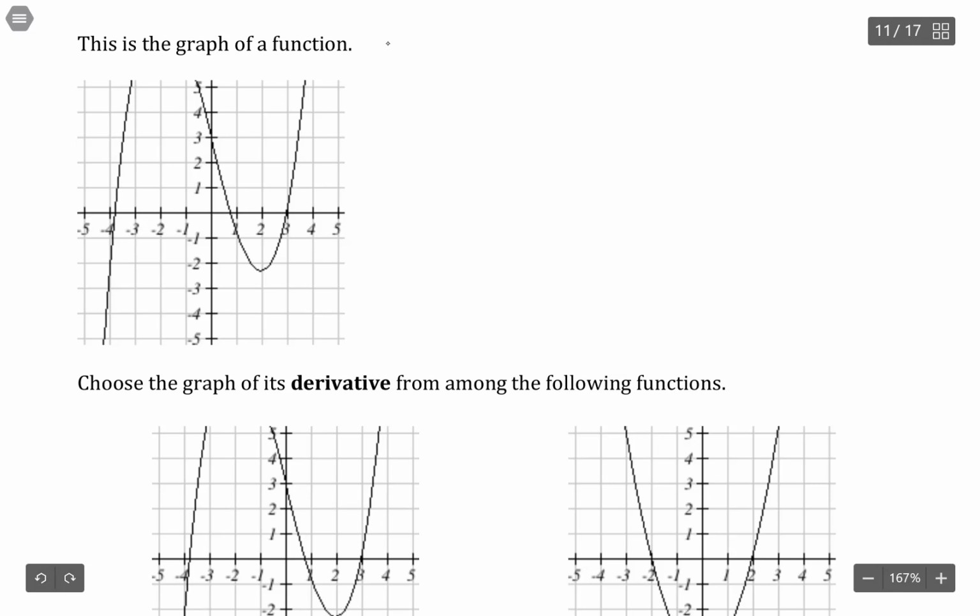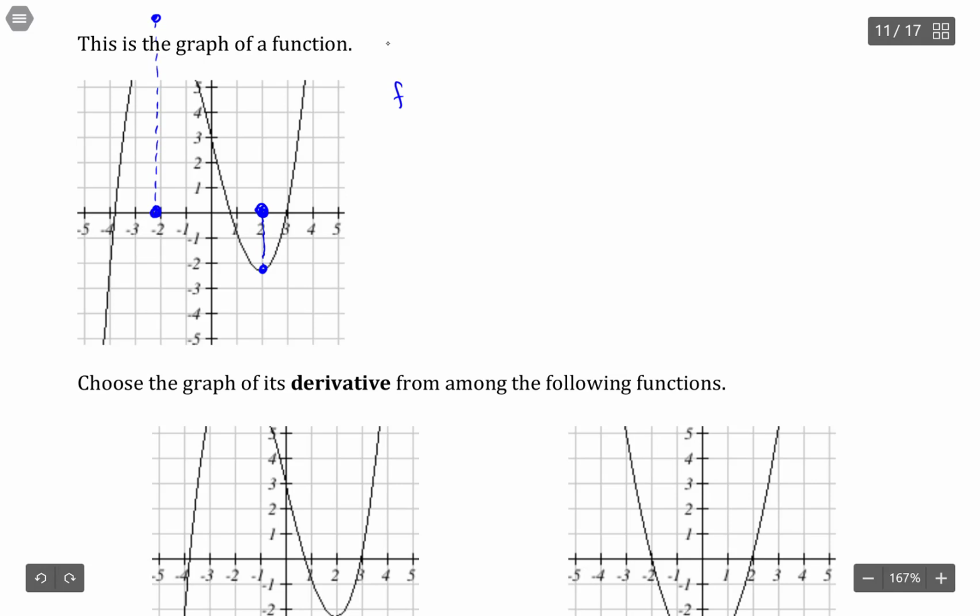So first off, the graph of a function, you may not know exactly how it's going to relate to its derivative, but there are things that you can count on. So wherever a function has a minimum or a maximum, which this one's kind of off scale, but that's okay, wherever you have a minimum or a maximum, your derivative is going to be 0, okay?